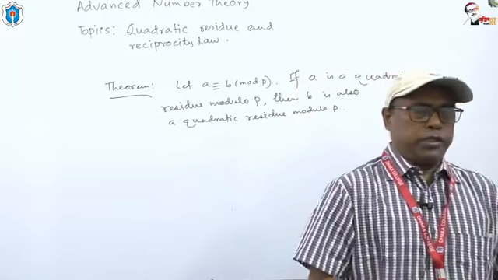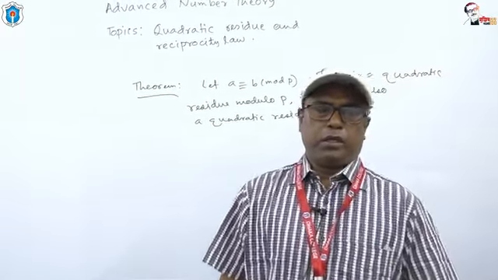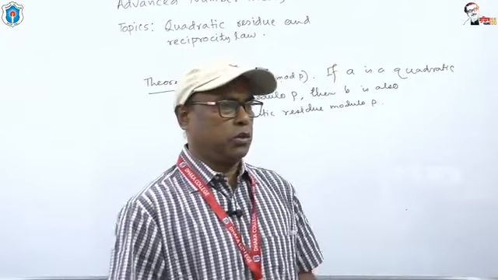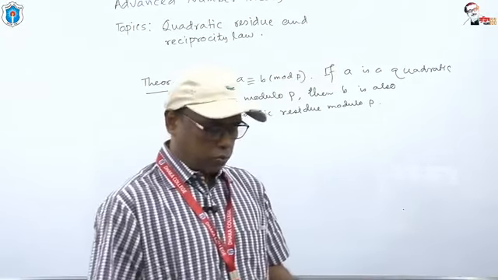If a is a quadratic residue modulo p, then we have to show that b is also a quadratic residue modulo p.